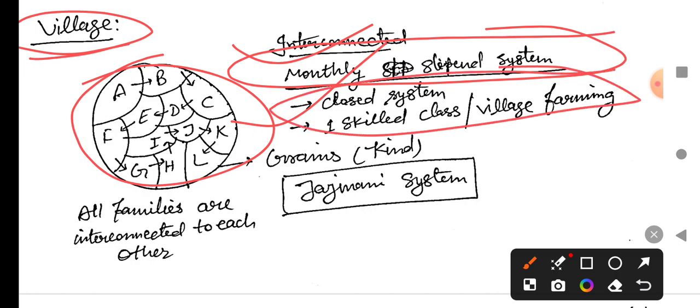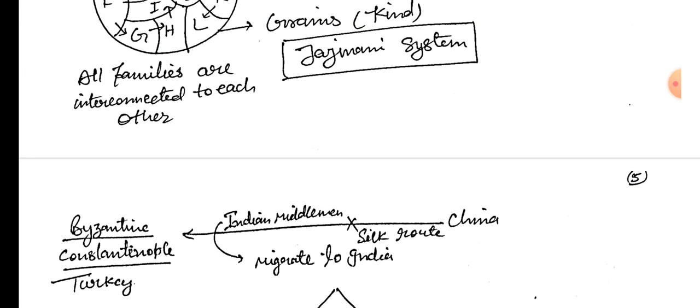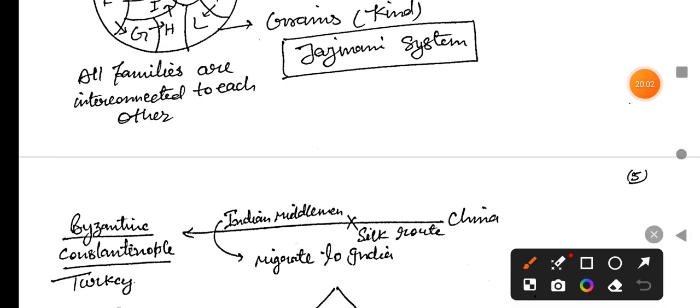The village farming system was a cluster of these villages, and grains were also given by these villages to the state. It was prevalent in the form of the Jajmani system, where all families are interconnected to each other.